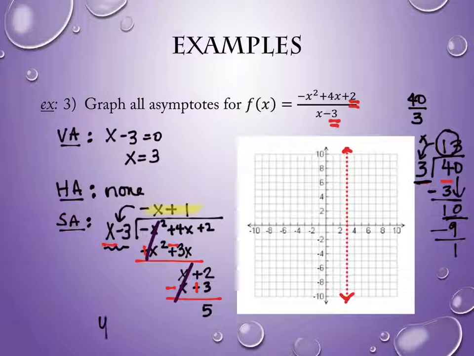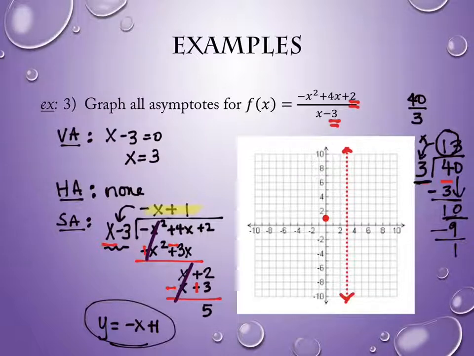The equation is y equals negative x plus 1. That's my slant asymptote. And it is a line, and it is going to be a diagonal line. Slanted, right? It's my slant asymptote. So I've got to plot it just like I would any other line, when we were first working with this back in September. I've got a y-intercept of 1.